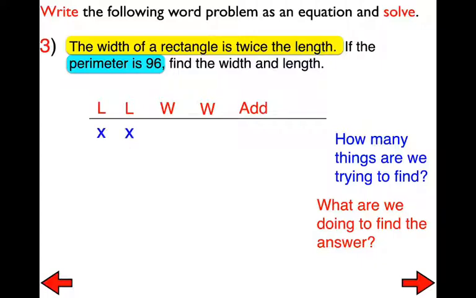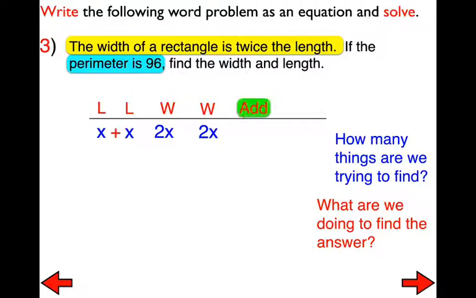We have to think about what twice something means. And if you have forgotten, twice something means 2 times that something. So if the length is x, that would make the width 2 times x, or 2x.